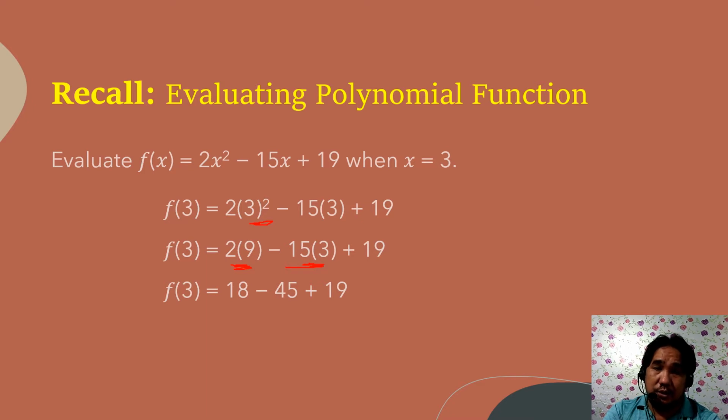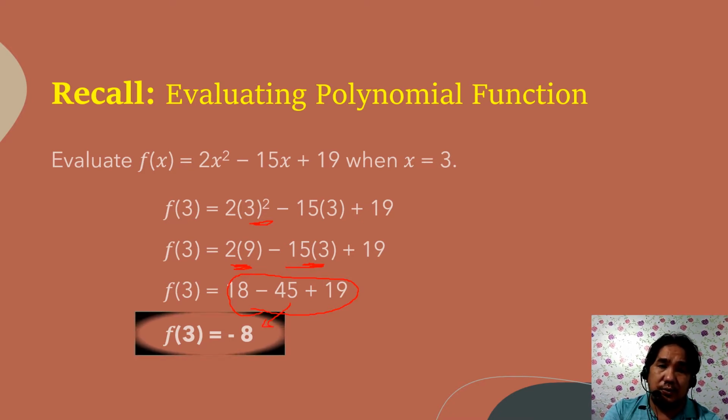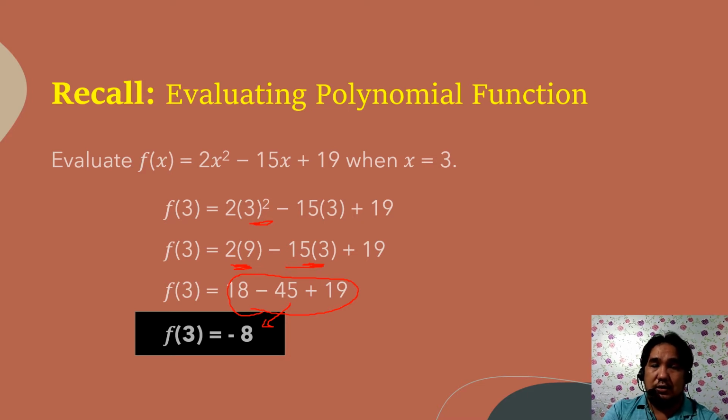Then we add everything: 18 minus 45 plus 19 is equal to negative 8. Therefore, for f of x equals 2x squared minus 15x plus 19, when x is equal to 3, the value of f of 3 is negative 8. This was our lesson previously.